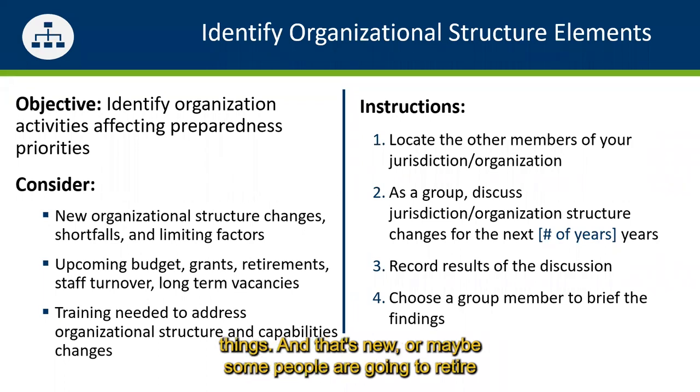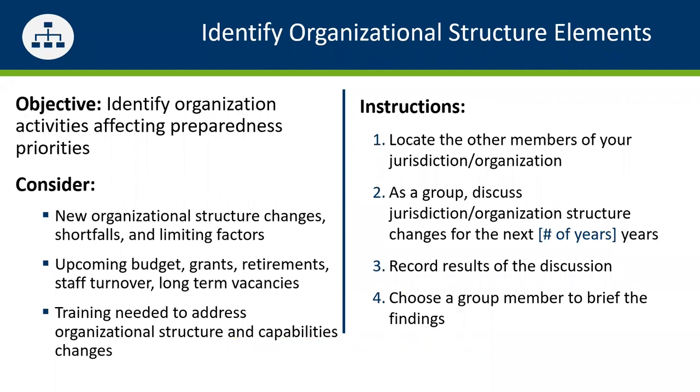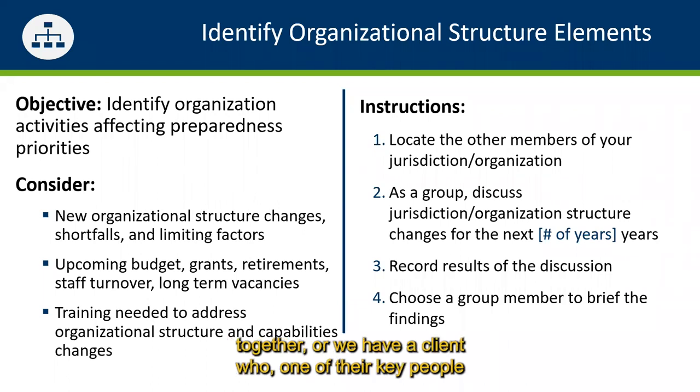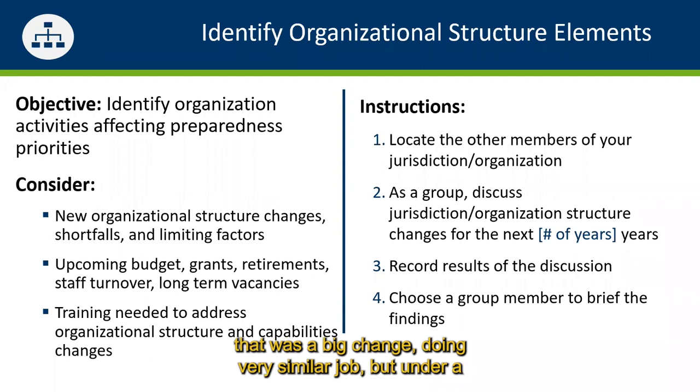Or maybe some people are going to retire or some staff are going to turn over, and that's going to change the STP, the same 10 people. It may also change how they work together. Or we have a client who one of their key people went from state public health to state emergency management. And that was a big change, doing a very similar job, but under a different organization with a different perspective.